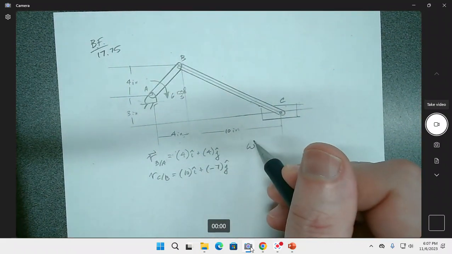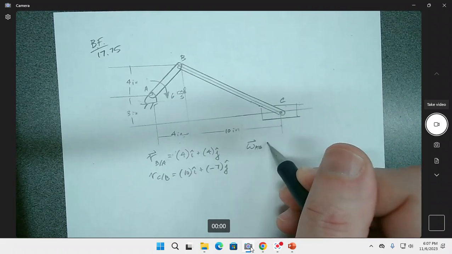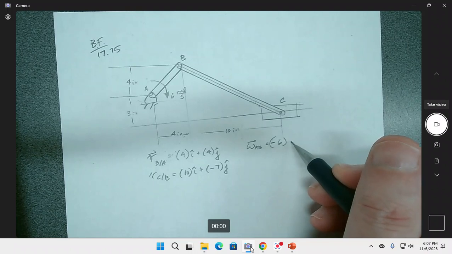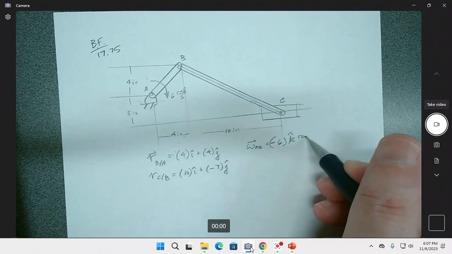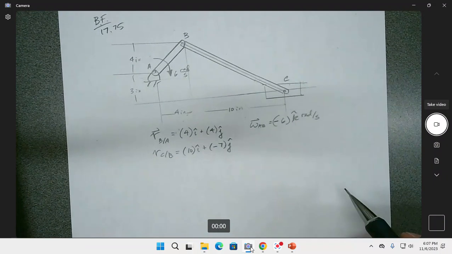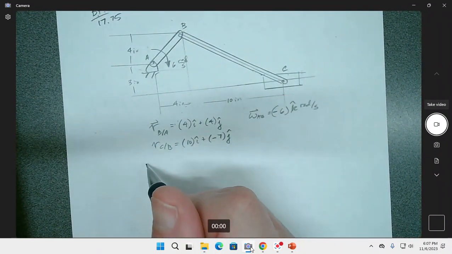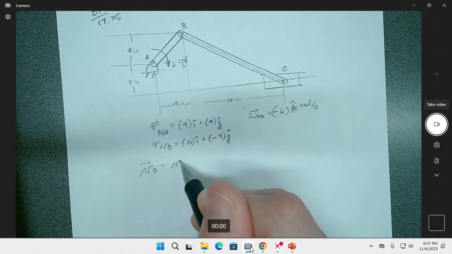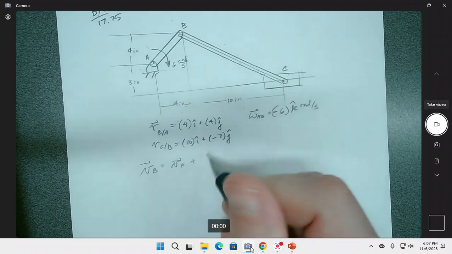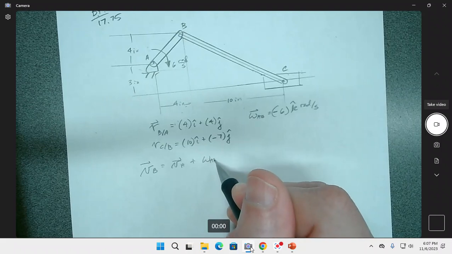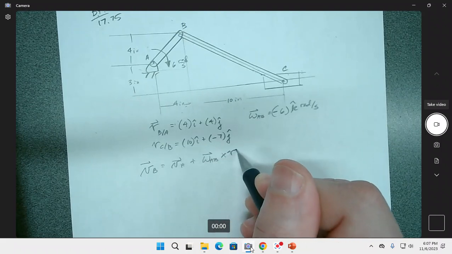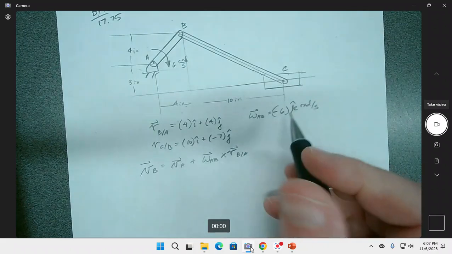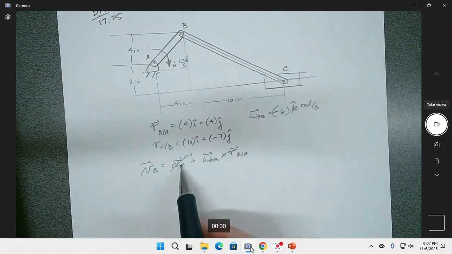And we're given that omega AB is equal to a negative 6K. So we'll start out with the velocity of B is equal to the velocity of A plus omega AB crossed with R, B with respect to A. But we know that that's going to be 0.